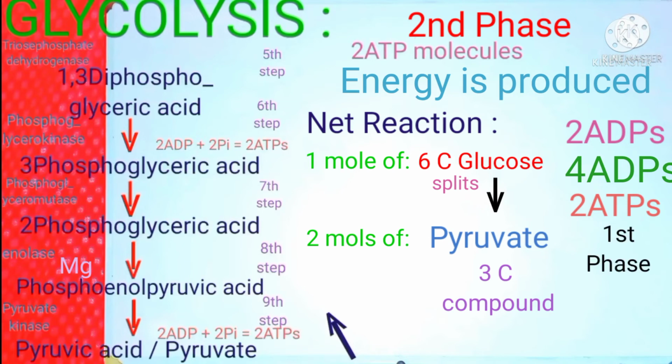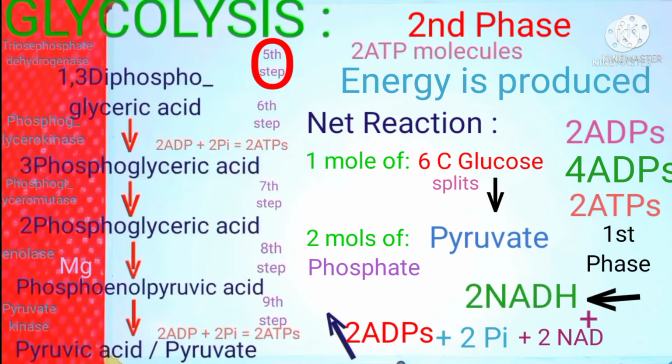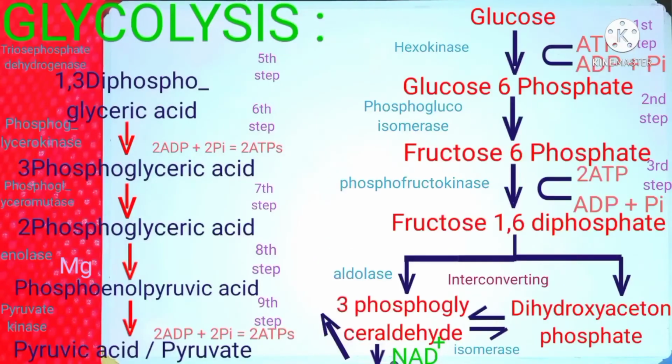So there is a net use of 2 ATPs and 2 molecules of inorganic phosphate that are utilized during the fifth step. 2 molecules of nicotinamide adenine dinucleotide are reduced to 2 NADH molecules. These are reduced during the conversion of glyceraldehyde 3-phosphate to 1,3-bisphosphoglycerate. So this is the overall diagrammatic picture of glycolysis.